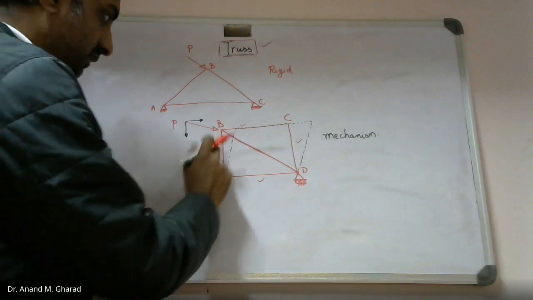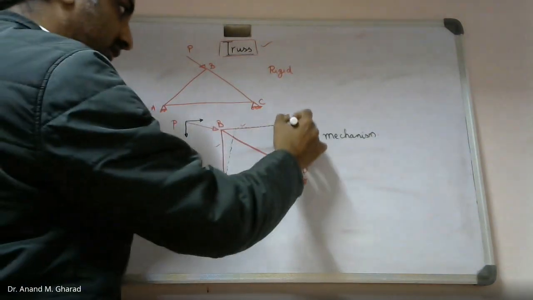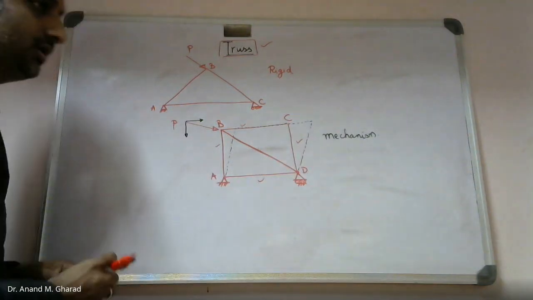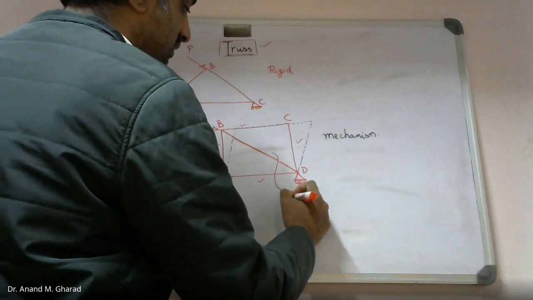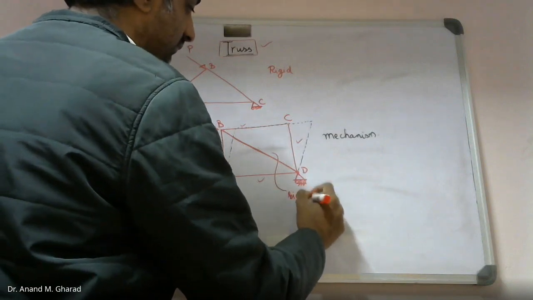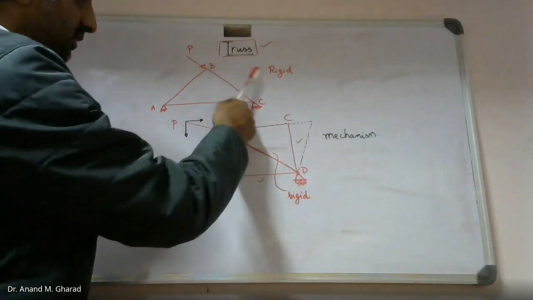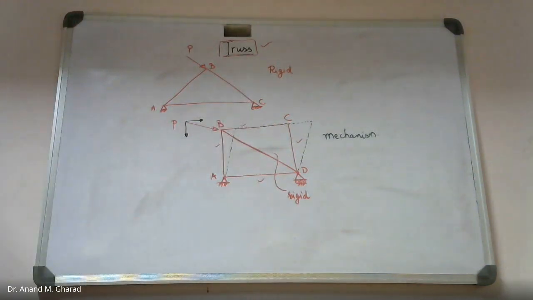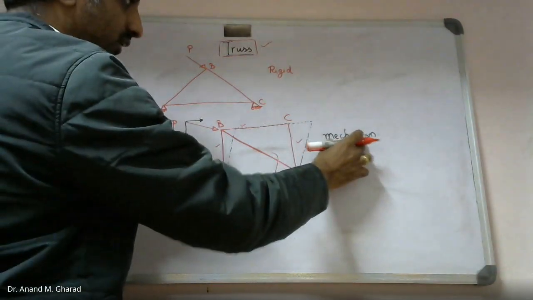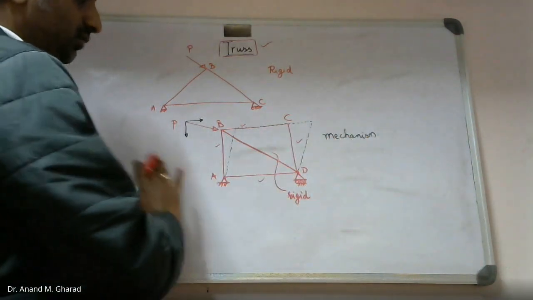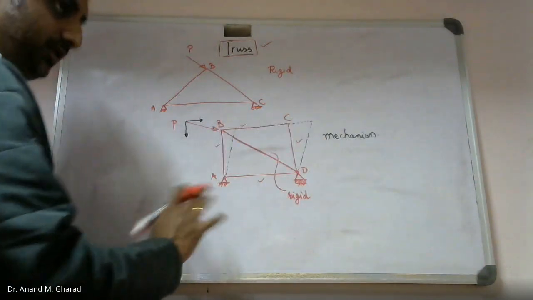If it is restricted, naturally BC will not move and certainly CD won't move. So this is known as a rigid structure. And since the shape is triangular, this is known as a truss. So the mechanism is now converted into a rigid structure wherein there won't be any relative motion between the members.